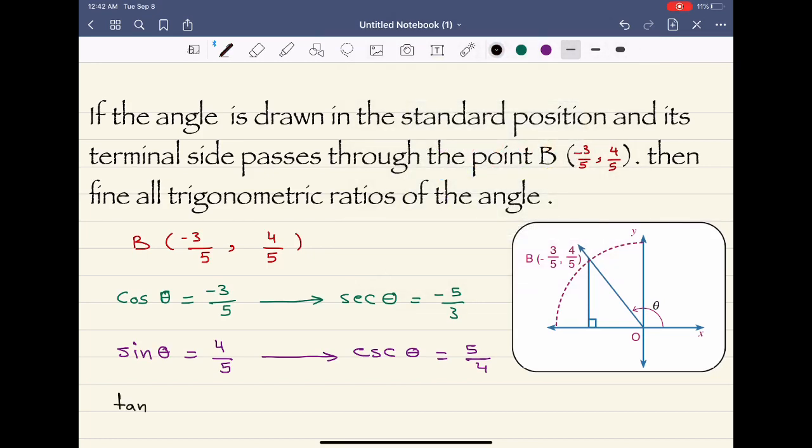Tan theta equals sine over cosine, which equals 4 over 5 divided by negative 3 over 5, which is negative 4 over 3, and the reciprocal of tan is cotan. Cotan theta equals negative 3 over 4.